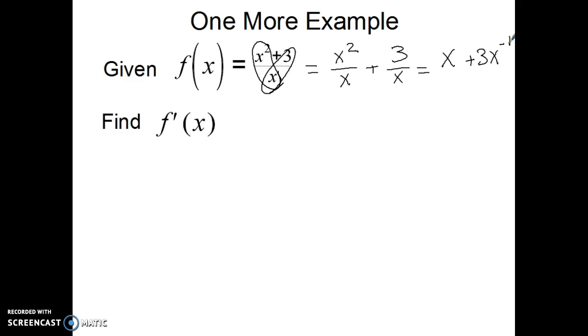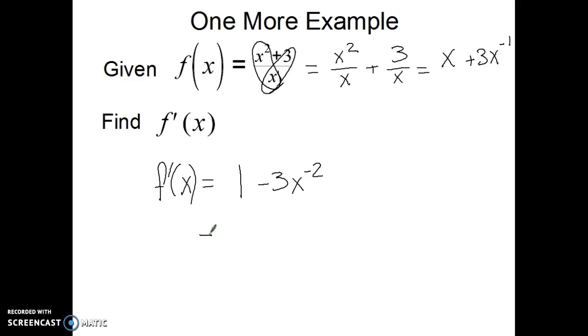Now we can go ahead and find our derivative here. So, applying the power rule again, x to the first, that 1 is going to come out front, times x to the 0, so x to the first just becomes 1. 3x to the -1, we're going to bring the -1 out in front, so -1 times 3 is going to give us -3, x to the -1 minus 1, which is -2.